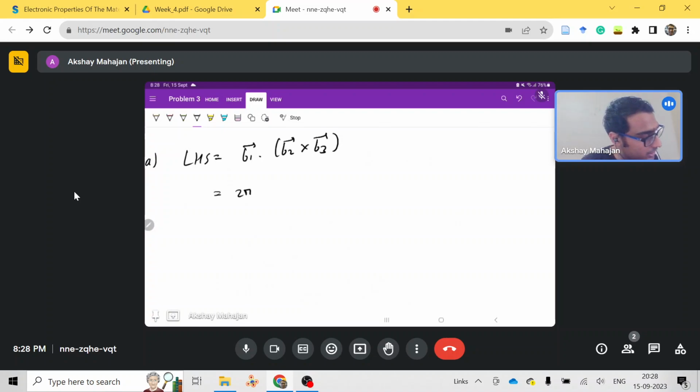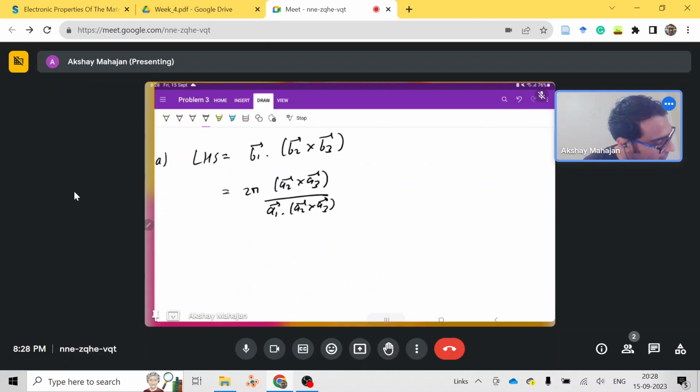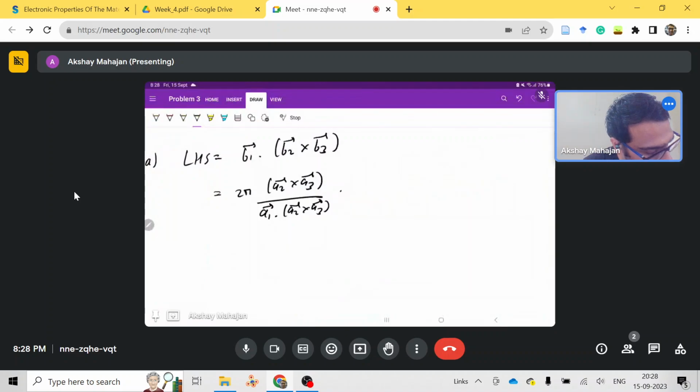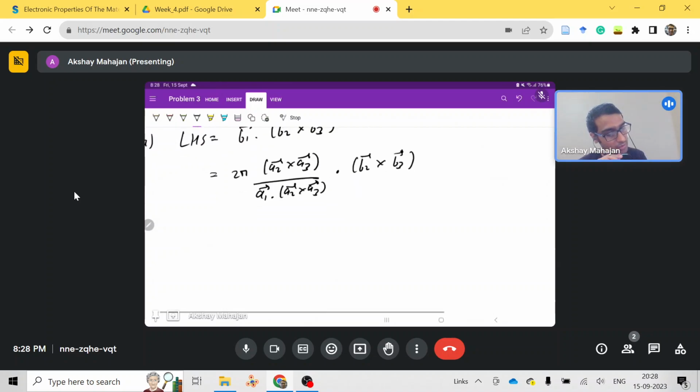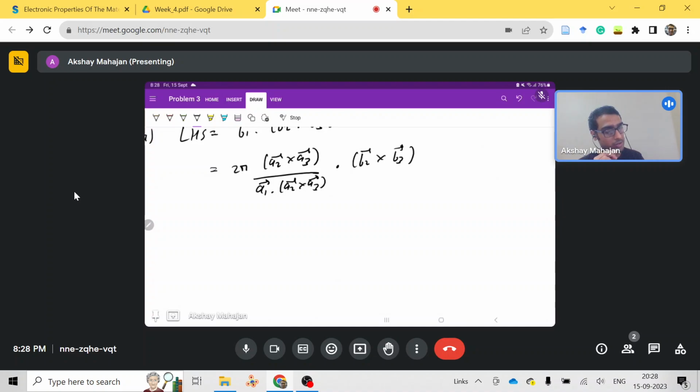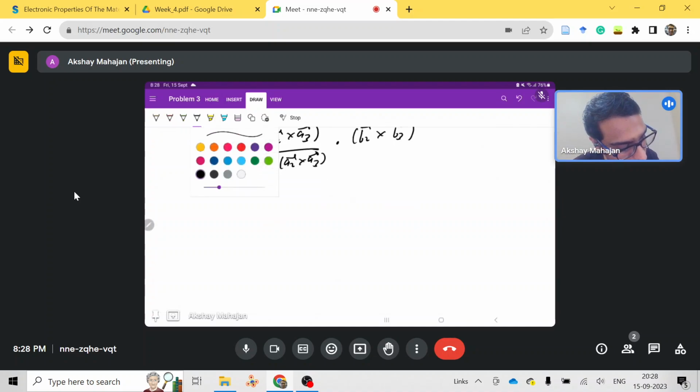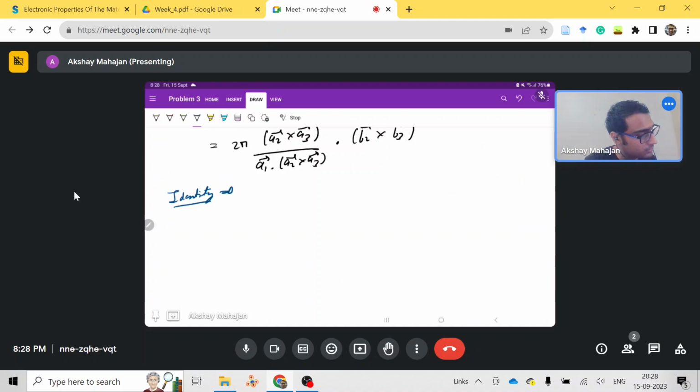So b1 vector I will write as 2 pi times e2 vector cross e3 vector divided by e1 vector dot e2 vector cross e3 vector, and we have to take the dot product with b2 vector cross b3 vector. Here we are seeing this kind of vectors, and to do this we need one more identity which is not given in the question.